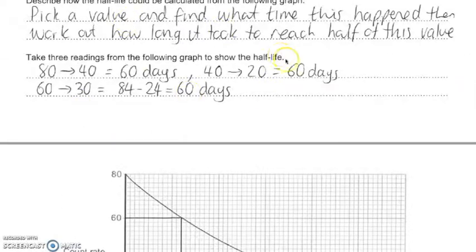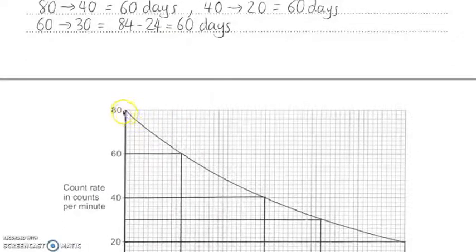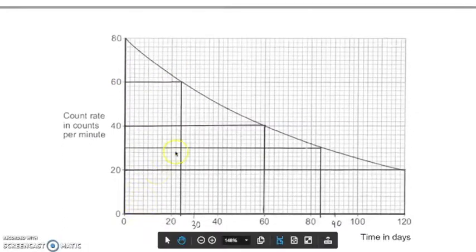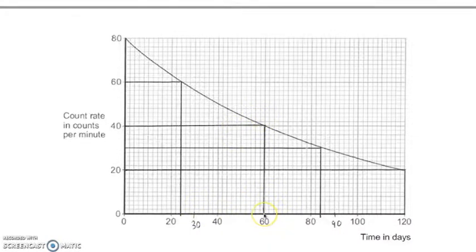Okay, so here is our calculations here. So that was 84 minus 24, okay? There's several ways of doing it, but as long as whatever original amount you choose, you've got to half that, then you go across, and then you work out the difference, okay? You find the time it takes to halve here, okay?